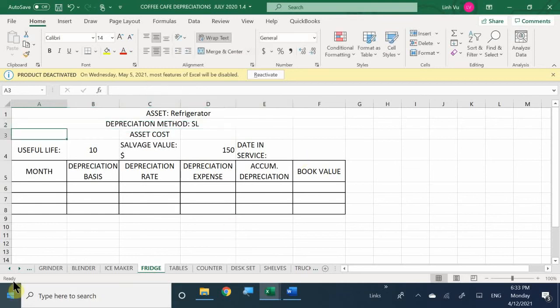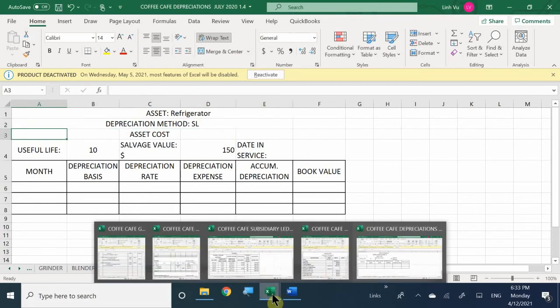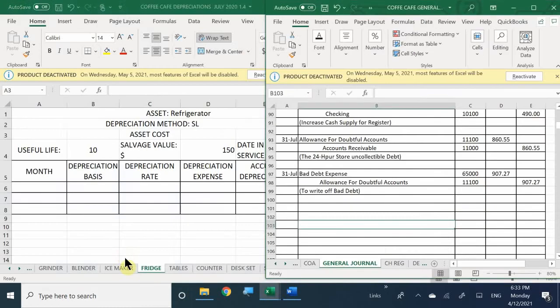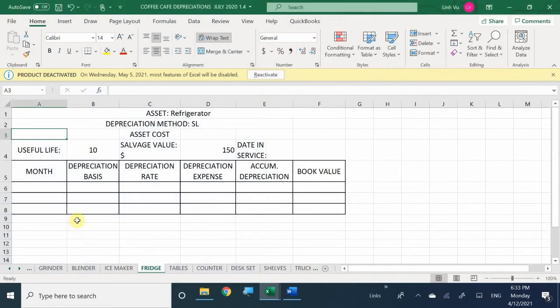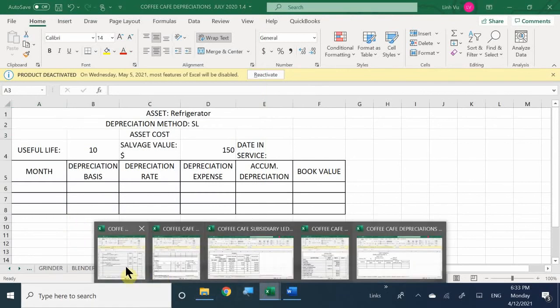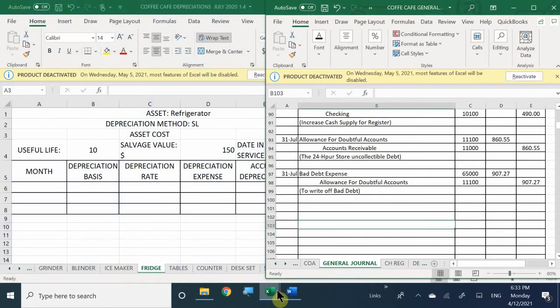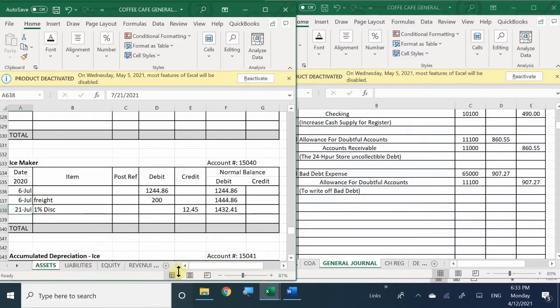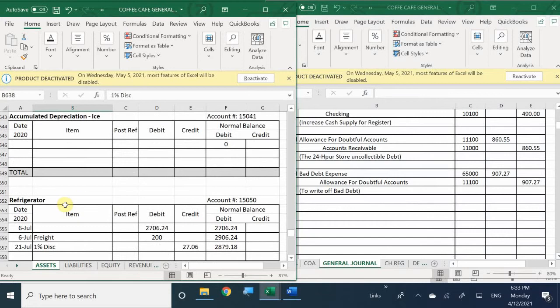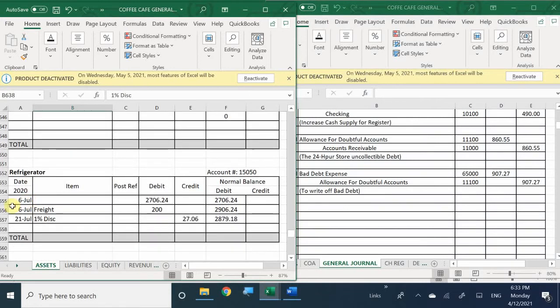So once again, let's go ahead and determine what our asset cost is. Okay, so we're going to go ahead and use our ledger to find our refrigerator. Right, here it is. Once again, we purchased it on the 6th.